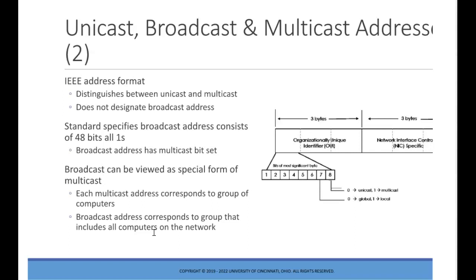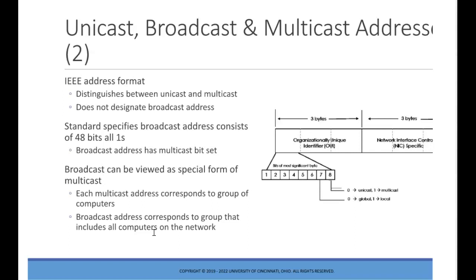It may seem odd that the IEEE address format reserves a bit to distinguish between unicast and multicast, but it does not provide a way to designate a broadcast address. The standard specifies that a broadcast address consists of 48 bits that are all ones. Thus, a broadcast address has the multicast bit set. Broadcast can be viewed as a special form of multicast.